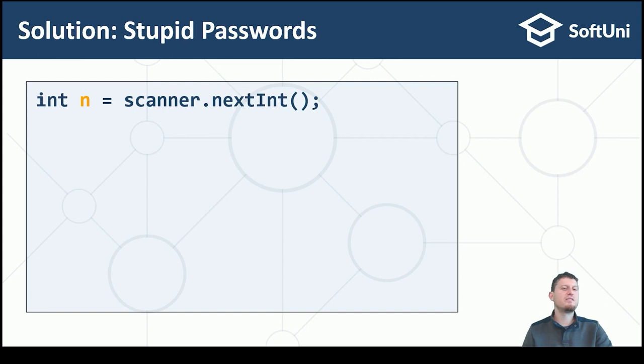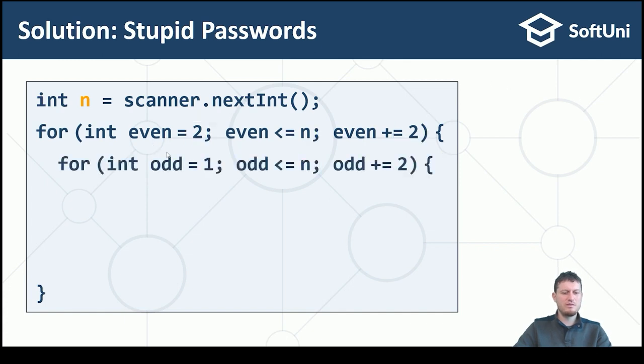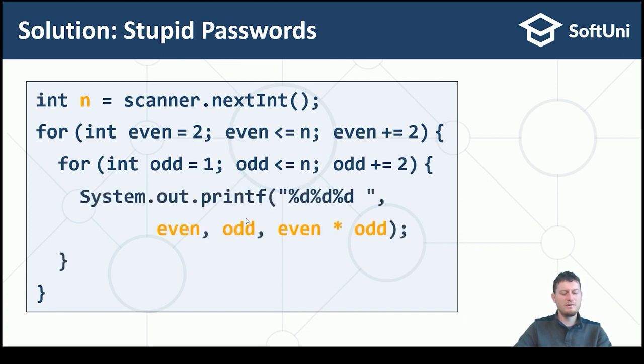So let's see the solution I had in mind before the start of this project. It's called stupid passwords. I have the even number from 2 to n with step 2. The nested loop is for the odd number from 1 until n with step 2, and inside I print using a formatting string.